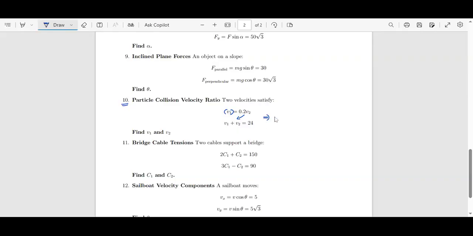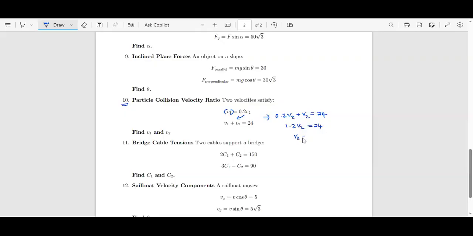I put 0.2 V2 in that place, and I add V2, and I'm left with 24. So 0.2 V2 plus V2 equals 24. V2 means 1 V2, so adding these two is like adding 1 and 0.2. You get 1.2 V2 equals 24.